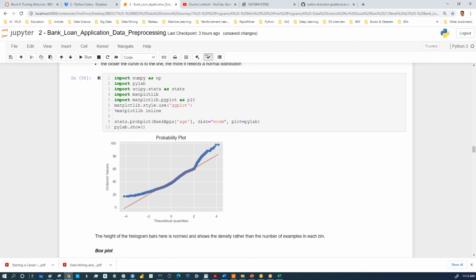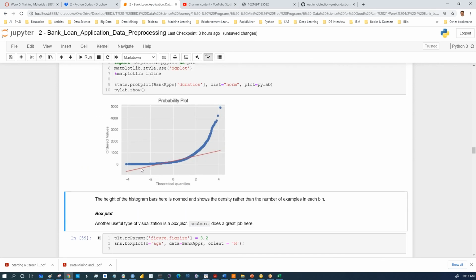If we were to use the QQ plot of duration, you are going to see something very strange. That's what I was expecting. You see here the left tail and the right tail are too far from the normal distribution.